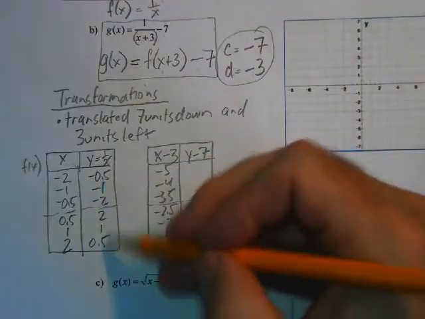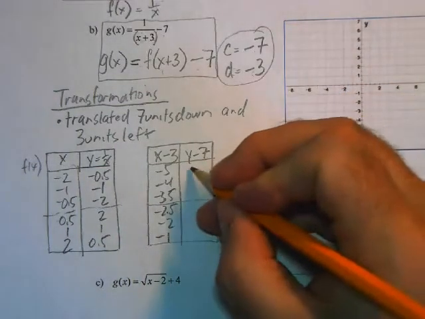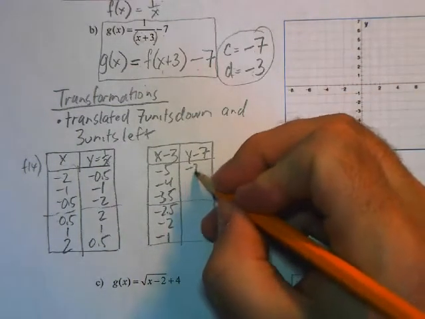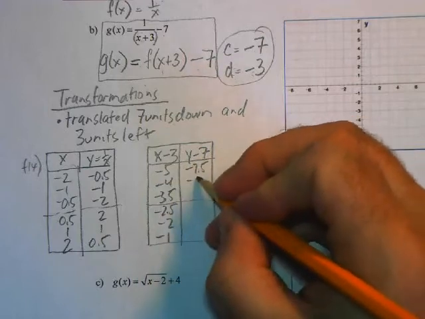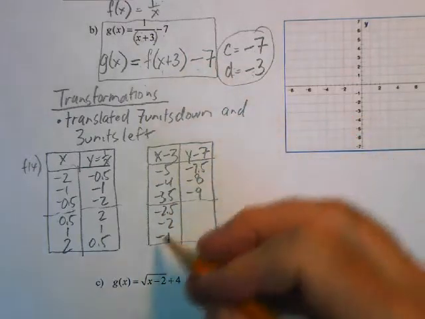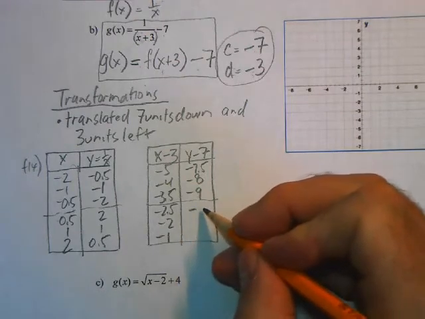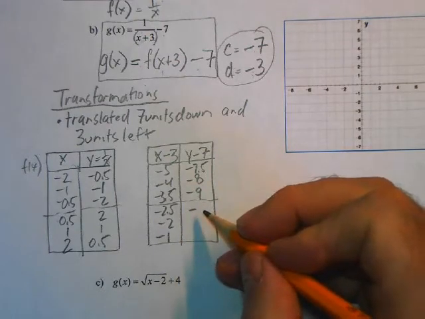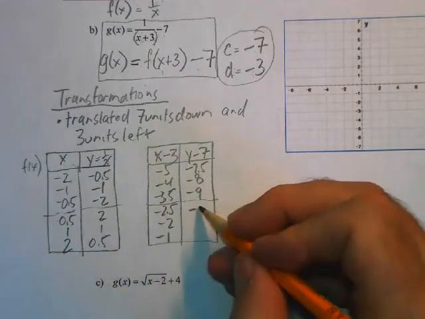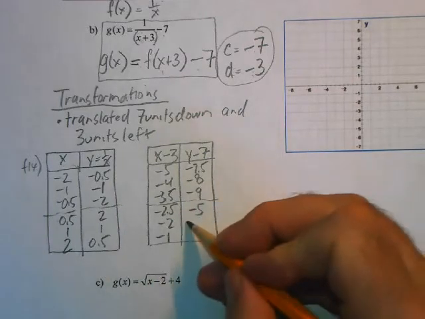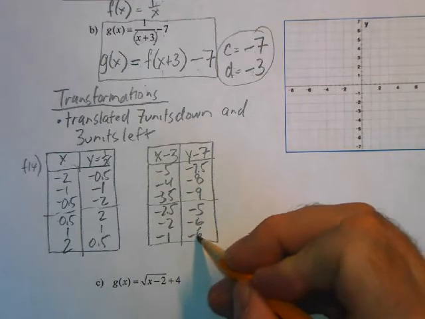And then when I subtract 7 from here, I get -7.5, -8, -9, and then on the positive branch, well, these values are now negative, but it's the one that was on the right side before. That's a -5, -6, and -6.5.